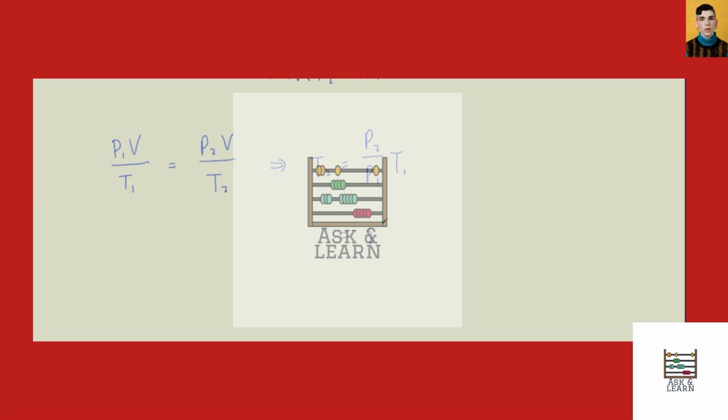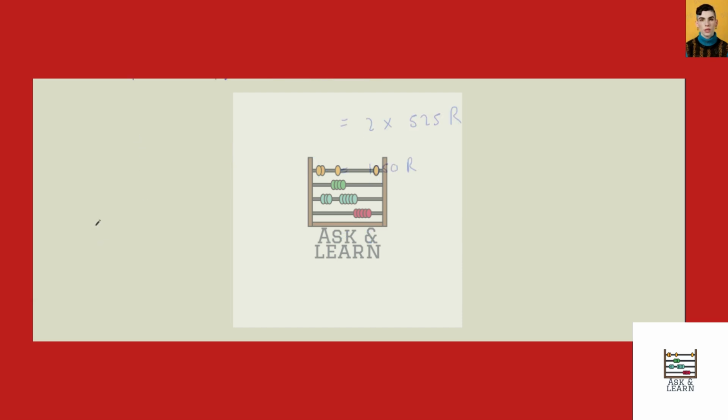This is equal to 2, since the pressure doubles, times T1, which is 525 R. And so we get T2 to be 1050 R. So we have the final temperature of the air.